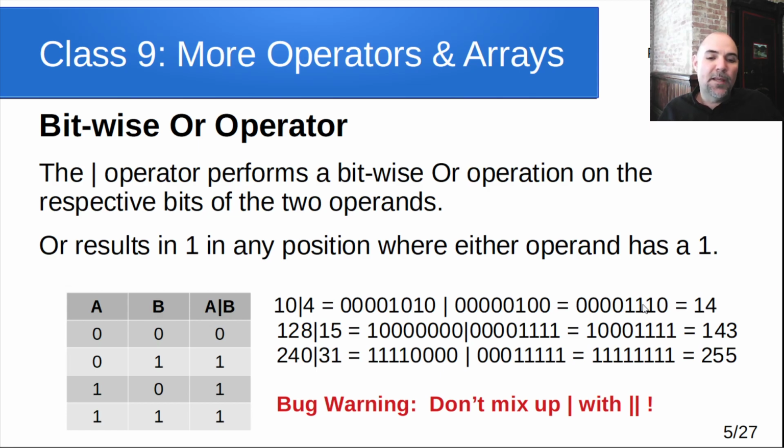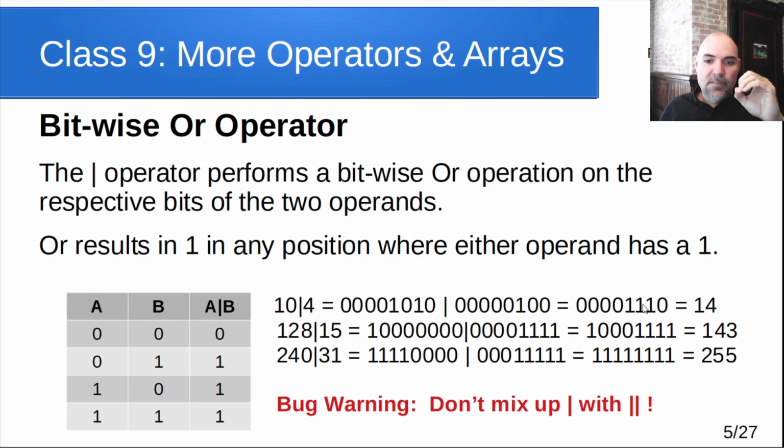And another bug warning here. Just like with AND, don't mix up the single vertical bar, which is bitwise OR, with the double vertical bar, which is logical OR. And again, with logical OR, all it said was, if one is non-zero, or the other one is non-zero, then the output is 1.